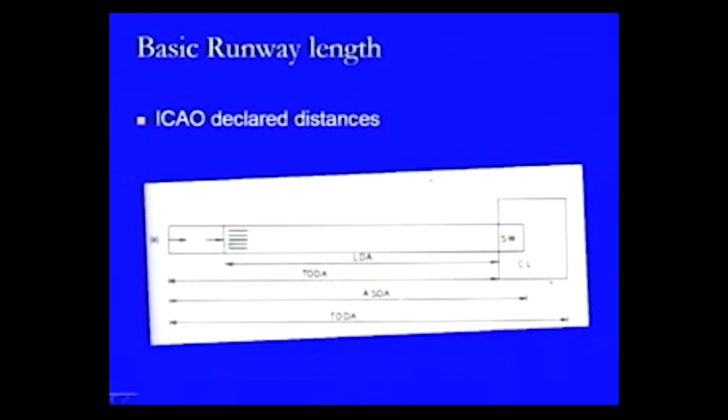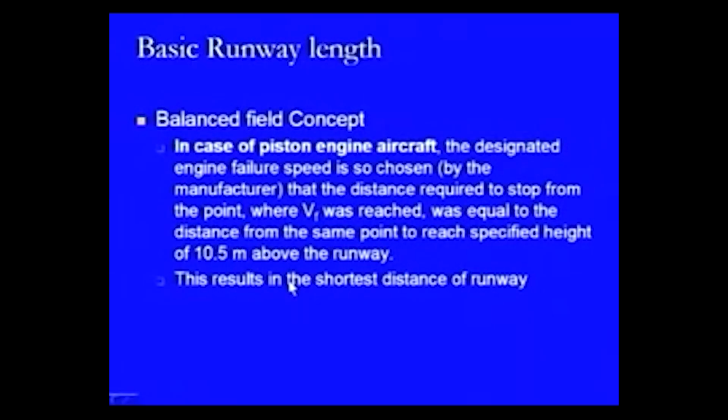The lift off distance available will be calculated from the threshold up to the start of the stopway, whereas the takeoff distance available will be the overall length of the runway strip, and the accelerate-stop distance available will be up to the center point of the clearway being provided, whereas the takeoff distance available in this case finally will be this final value also. So, this is how the ICAO declares the various types of runway strips.